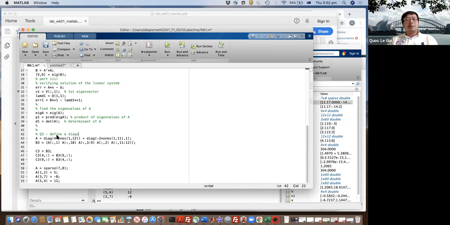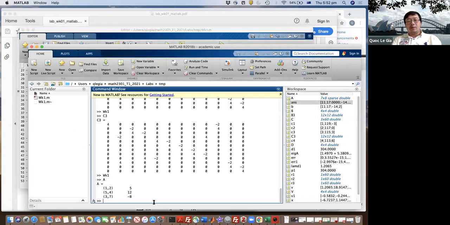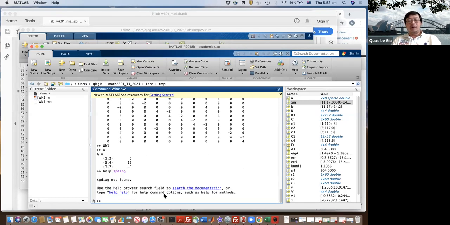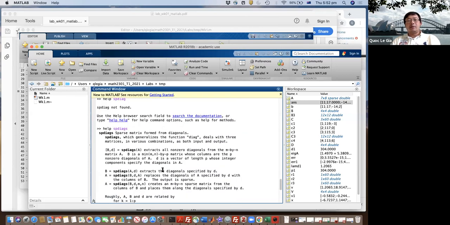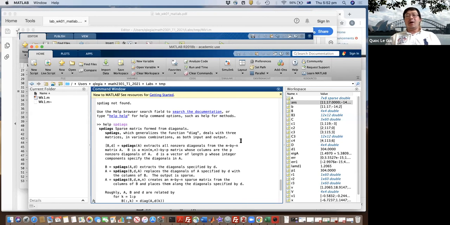You can create a sparse matrix, but you can also use a diagonal command. Actually there is a command called sparse diagonals. If you use this command, you create a sparse and tridiagonal matrix as well, so you don't have to do 2 steps.